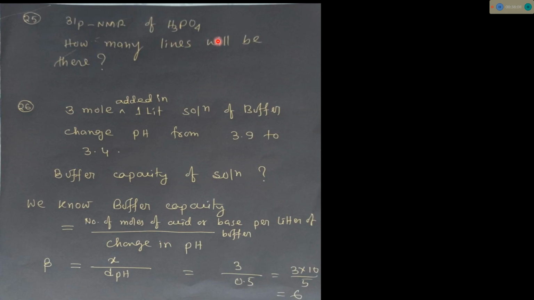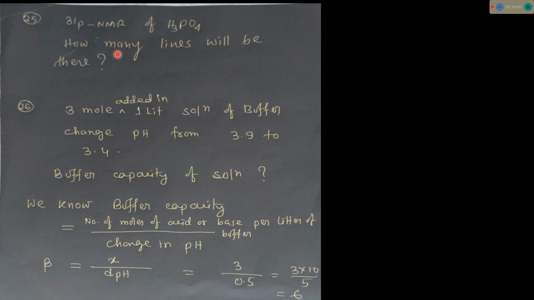I forgot whether the question asked for lines or peaks, but we should obtain only one peak because there is only one phosphorus atom.